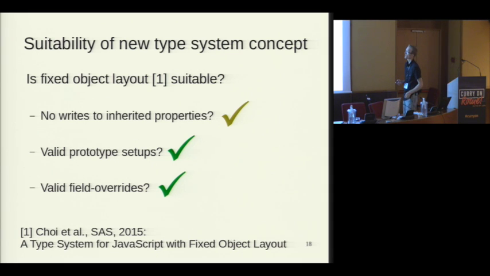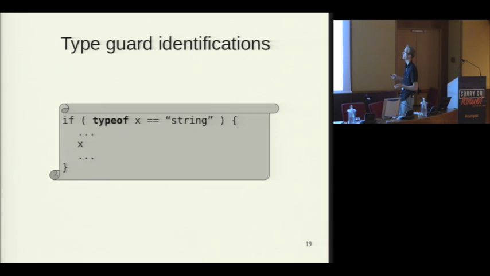Two similar tests were performed whether valid prototype setups were used and whether valid field overrides occurred. So this was used to guide the design of a new type system, where the question was not, do we need this or that kind of precision, but whether the fundamental assumption of the type systems made sense.